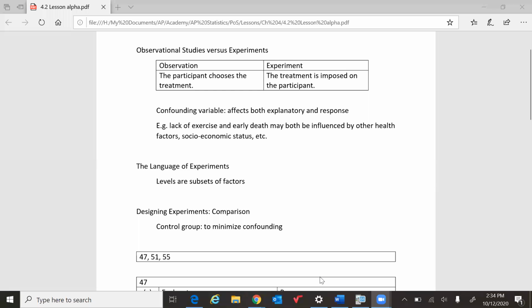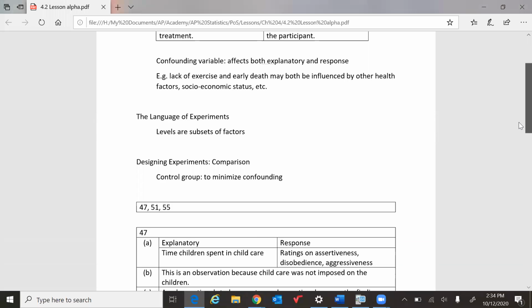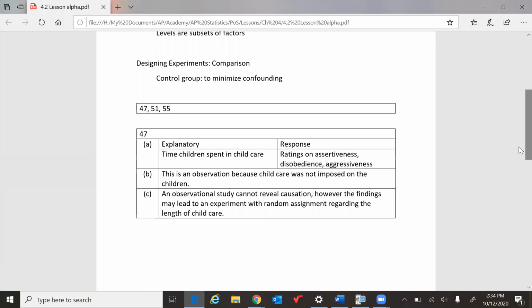All right, so we're going to go back and go over this for 47. The input, the explanatory variable, is the time children spend in childcare, from how much time they spent in childcare until they were 4.5.